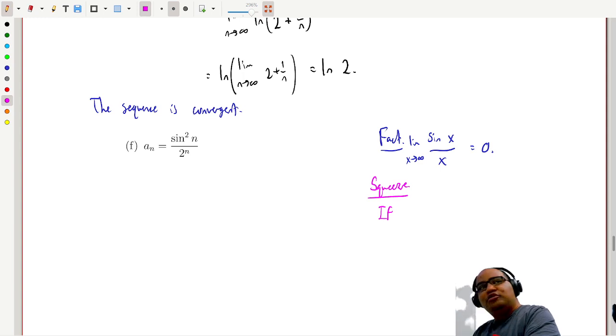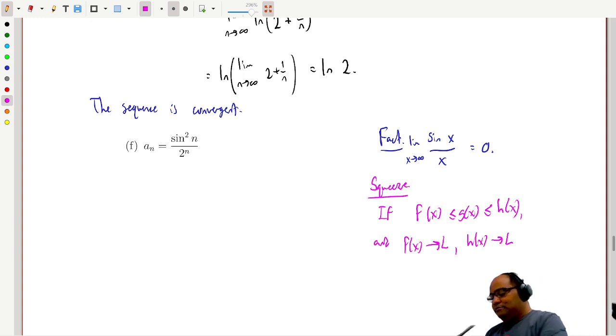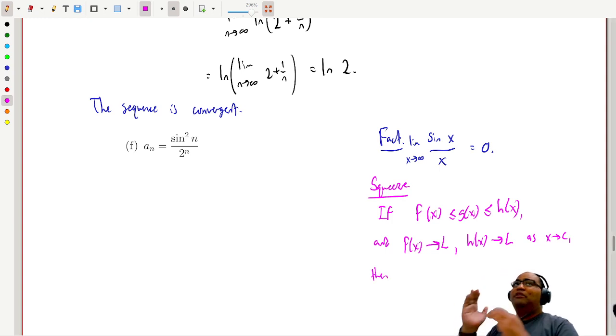So if I have three functions, f, g, and h, and let's say f of x goes to L and h of x goes to L as x goes to c, then the thing in the middle is trapped.